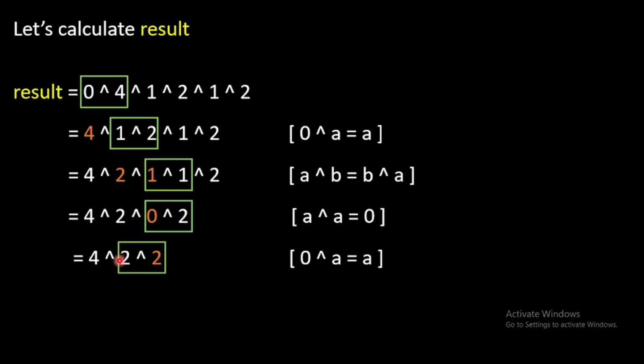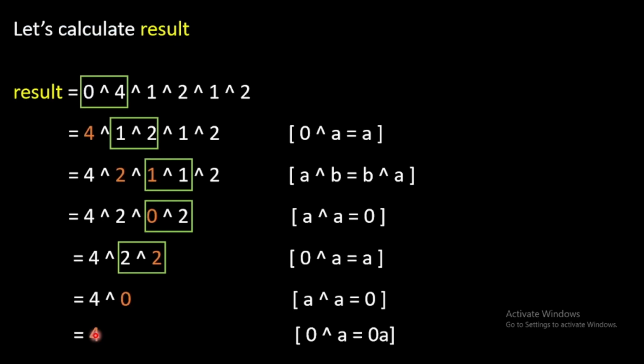Now in our next step we will consider 2 and 2, as both of the operands are the same, so our output will be 0. 4 XOR 0: taking XOR of any value with 0 will keep the other operand unchanged, and the other operand will be the output. Now 4 is our desired output.